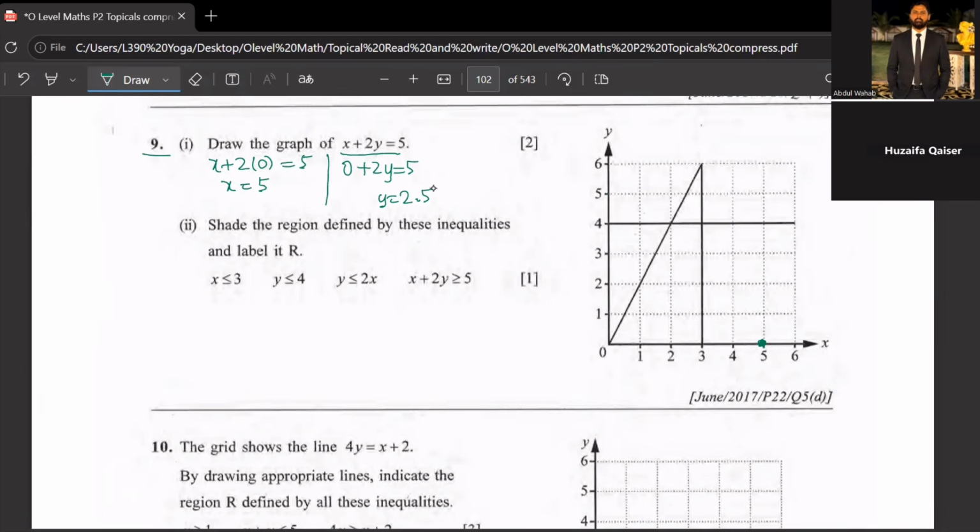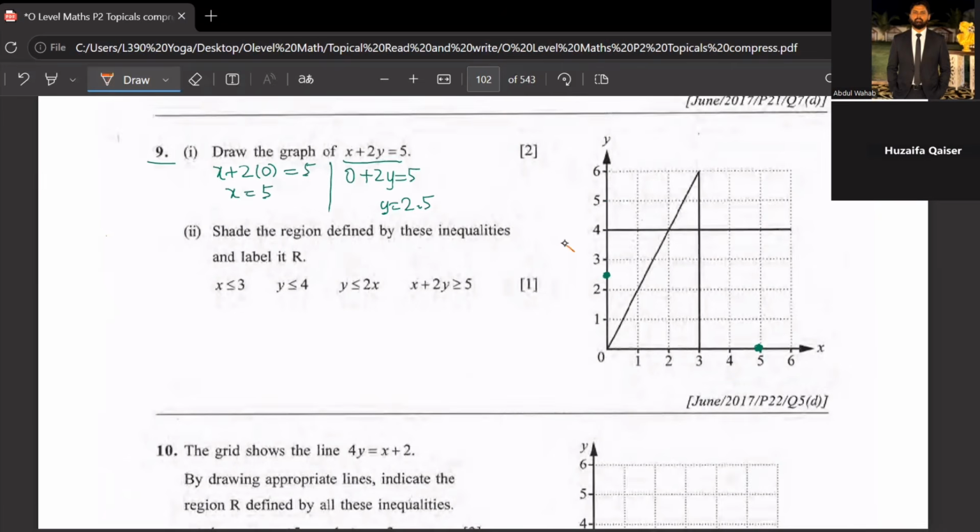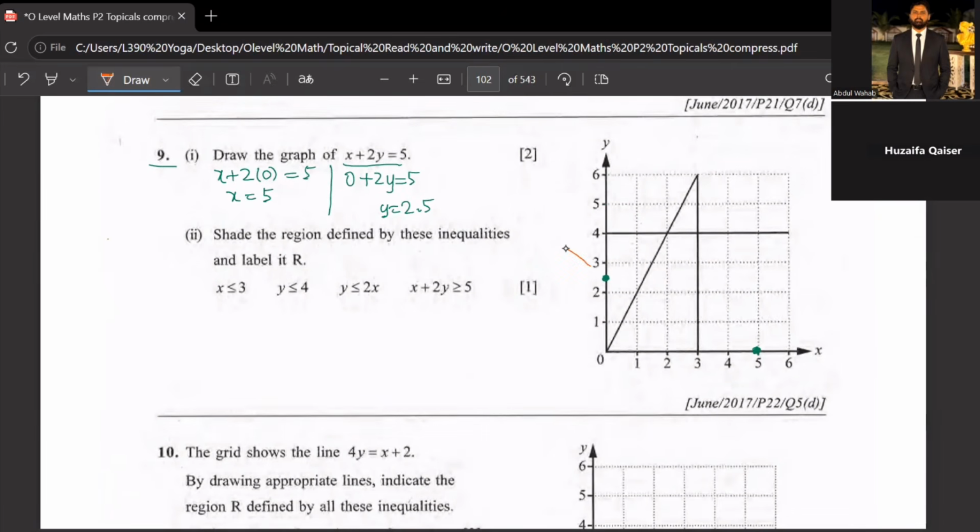So y is equal to 2.5 at x is equal to 0. You got 2 points. Now just place the scale between these 2 points and draw a straight line joining them. Just draw a straight line, not a curve. I'll just draw it again.